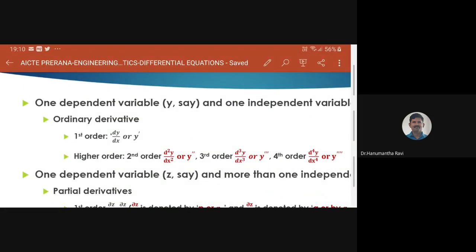That is the notation we are following. So it is called first order derivative. When we talk about higher order derivatives, we have the second order derivative d square y by dx square, or y double dash. Similarly, third order derivative, fourth order derivatives. We knew about these things during our 12th standard. So for ordinary derivative, we have an idea.